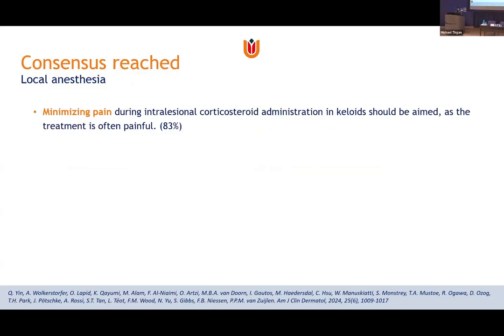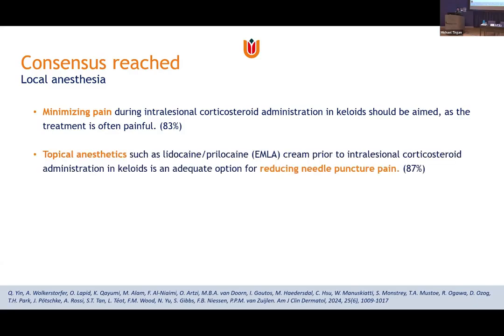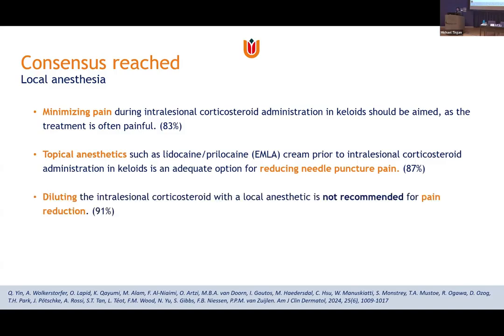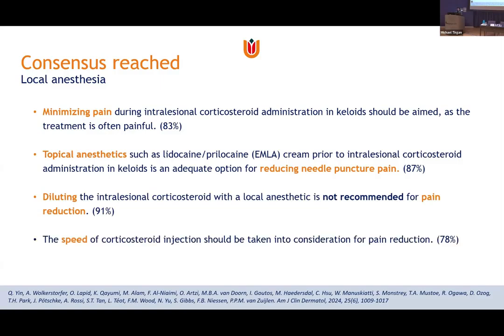Considering local anesthesia, consensus was reached that minimizing pain during intralesional corticosteroid administration in keloids should be aimed for, as the treatment is often painful. Moreover, topical anesthetics, such as lidocaine, prilocaine cream, prior to treatment is an adequate option for reducing needle puncture pain, whereas diluting the intralesional corticosteroid with local anesthetic is not recommended for pain reduction. And finally, speed of corticosteroid injection should be taken into consideration for pain reduction.